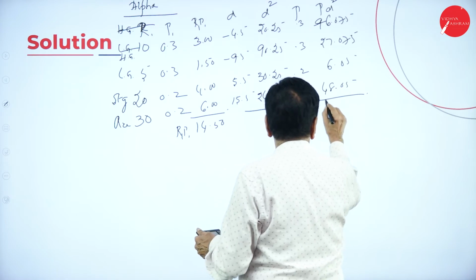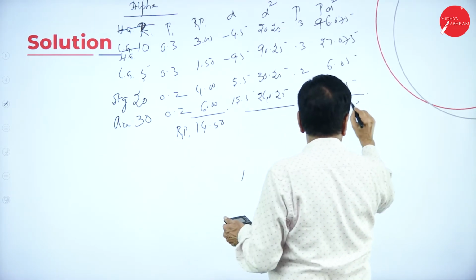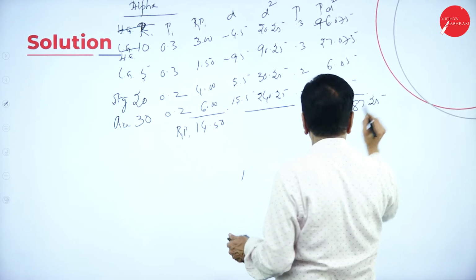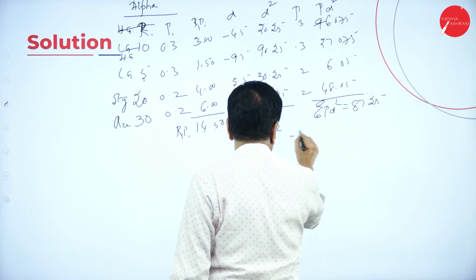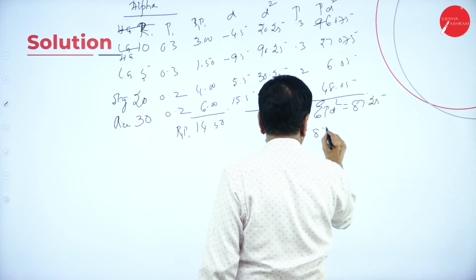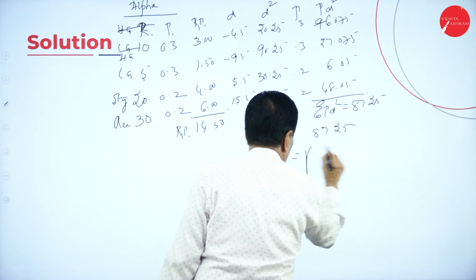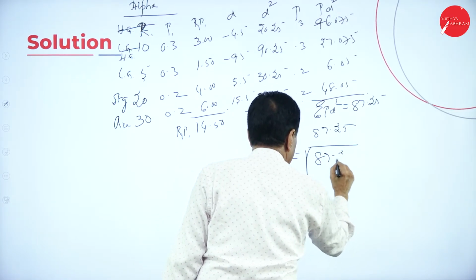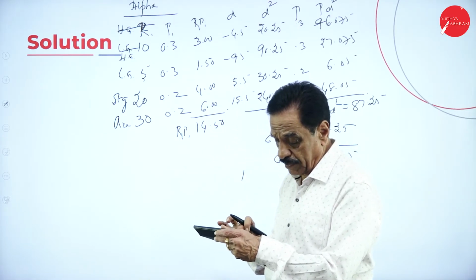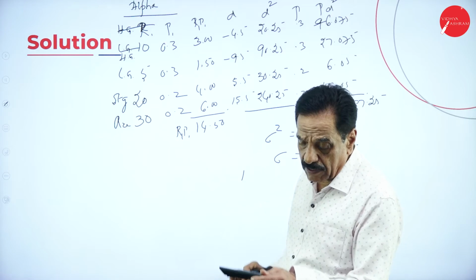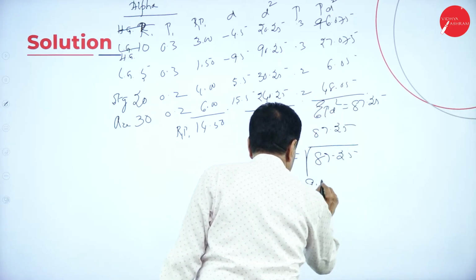Sigma PD square is 87.25. Sigma square is equal to 87.25. Standard deviation is equal to root of 87.25, 9.34.